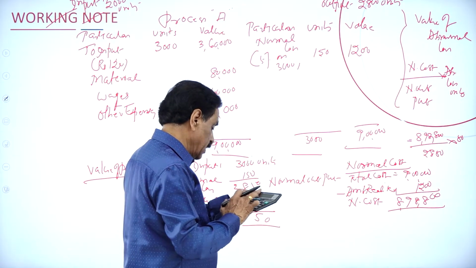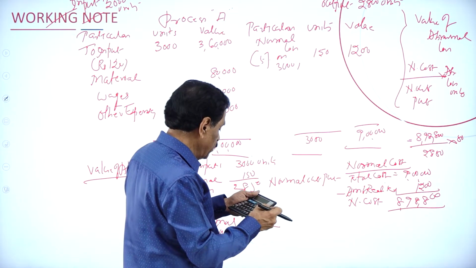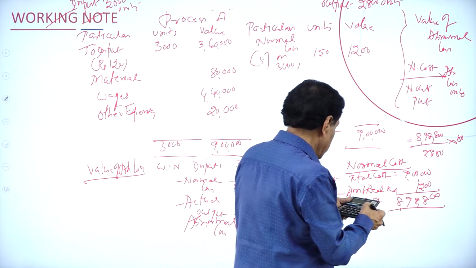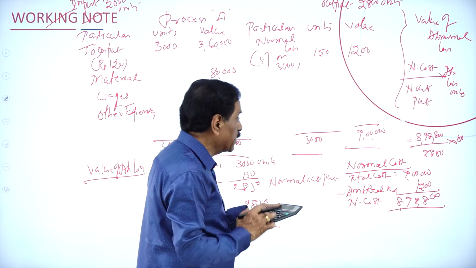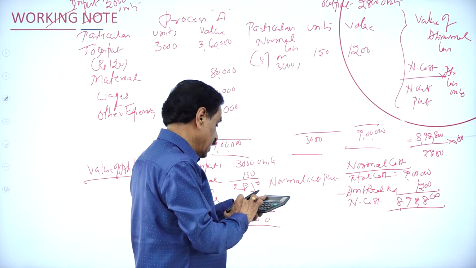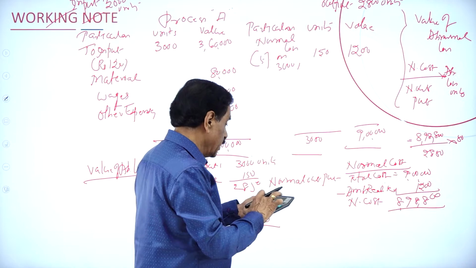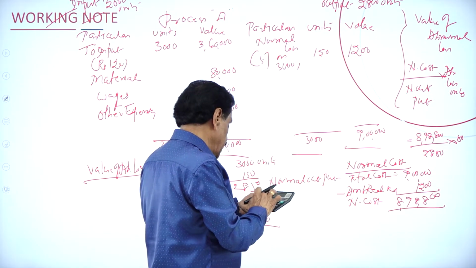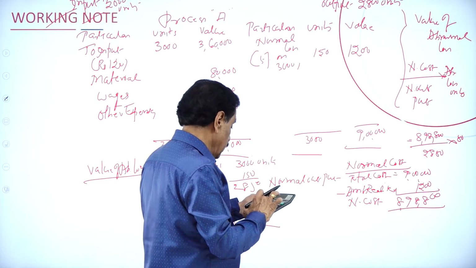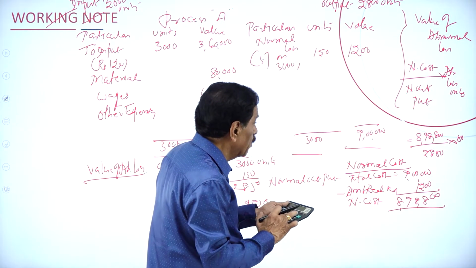into 50. It comes to, I will repeat, 8,98,800 divided by 2,850 into 50.